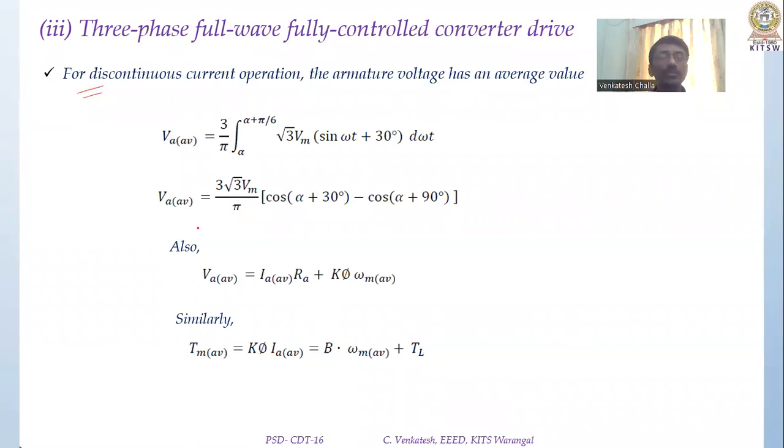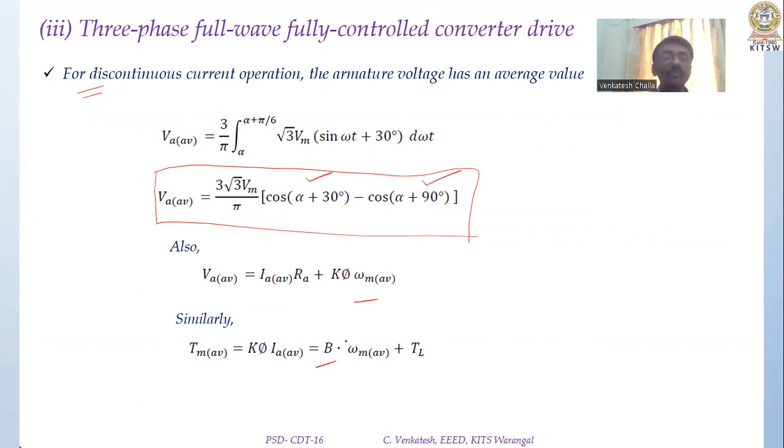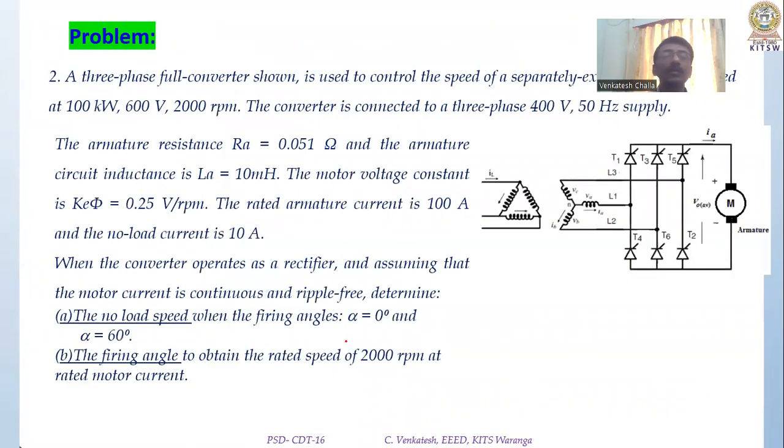For discontinuous operation, the average output voltage is given by 3 root 3 Vm by pi into cos of alpha plus 30 degrees minus cos of alpha plus 90 degrees. From that we can find V average and I average, all these things. So let's go to the problem.